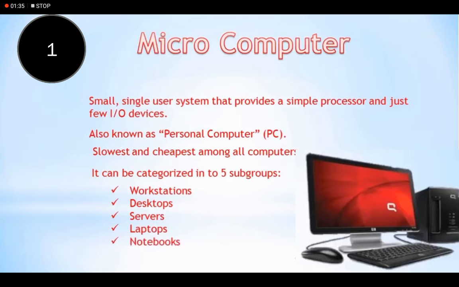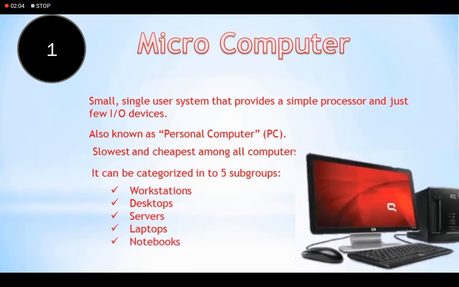Slowest and cheapest among all computers, it can be categorized into five subgroups, which are workstations, desktops, servers, laptops, or notebooks. So our desktop computer is also known as a microcomputer, and it is categorized into different categories.